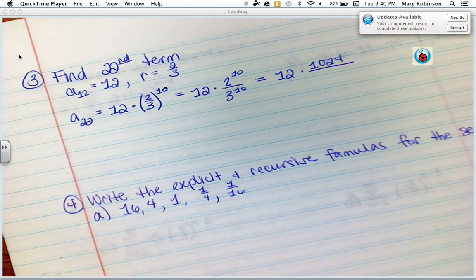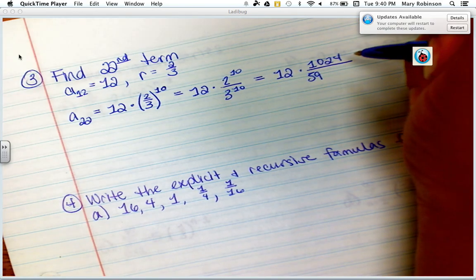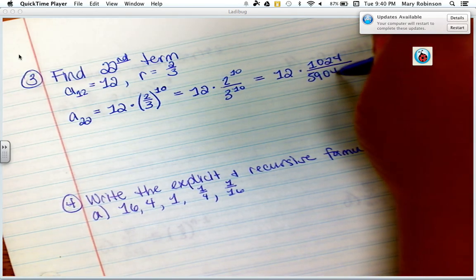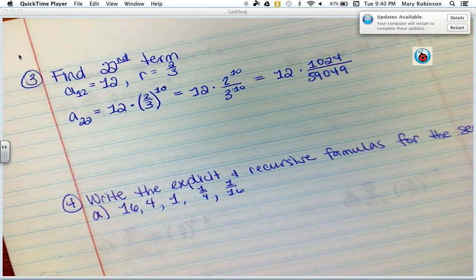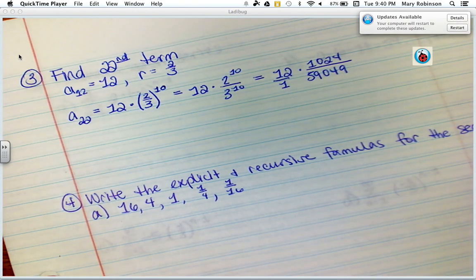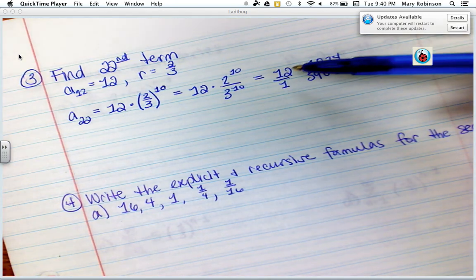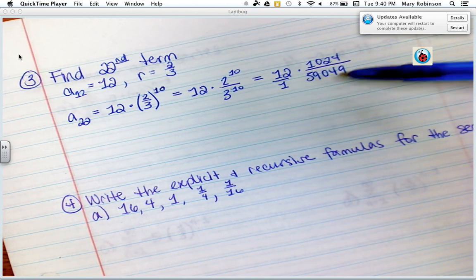3 to the 10th is 59,049. So then this is the same thing as 12 over 1. When we're multiplying fractions, we multiply numerator to numerator, denominator to denominator.